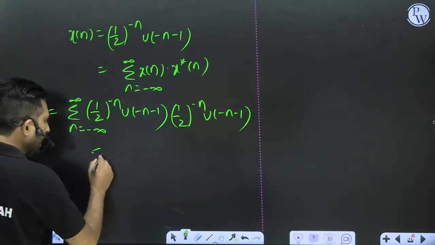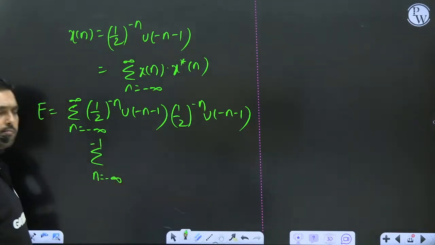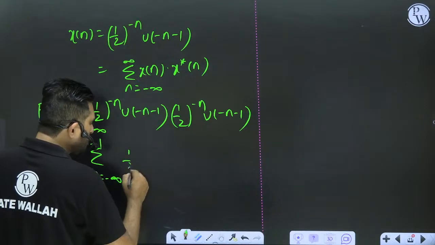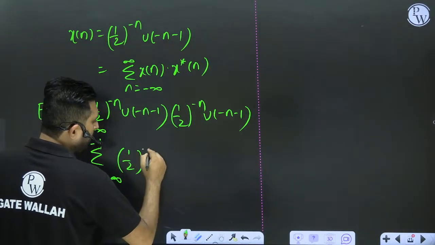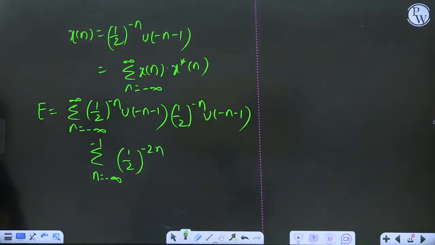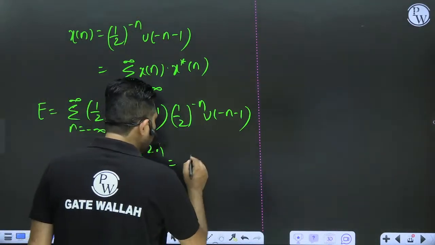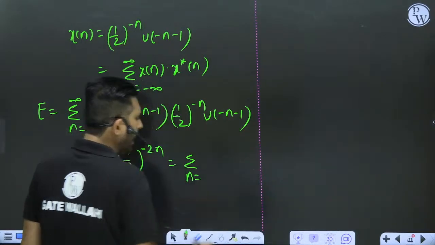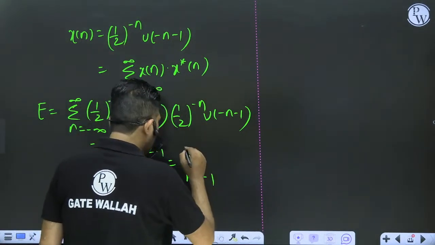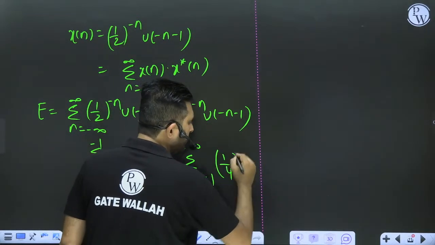So this is n equal to minus infinity to minus 1, and hence 1 by 2 to the power, let's say, minus of 2n we have. Is it clear? Or you will say that this is n equal to minus 1 to minus infinity of 1 by 4 to the power minus n.